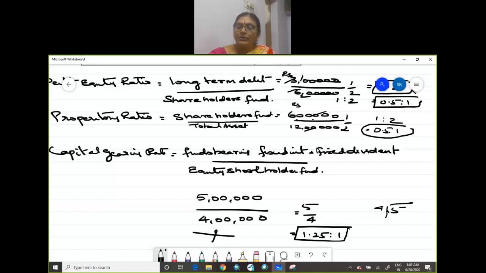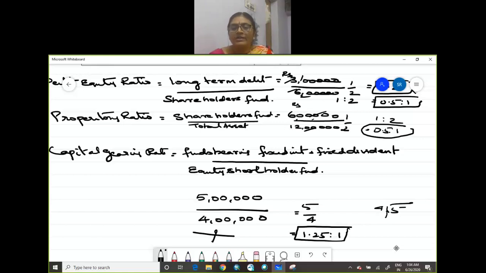Next we'll be going to the next type of ratios, that is turnover ratios. In that you will be learning inventory turnover ratios, trade receivable ratios, then payable ratios, and fixed assets turnover ratios. So far we have completed long-term solvency ratios and liquidity ratios.